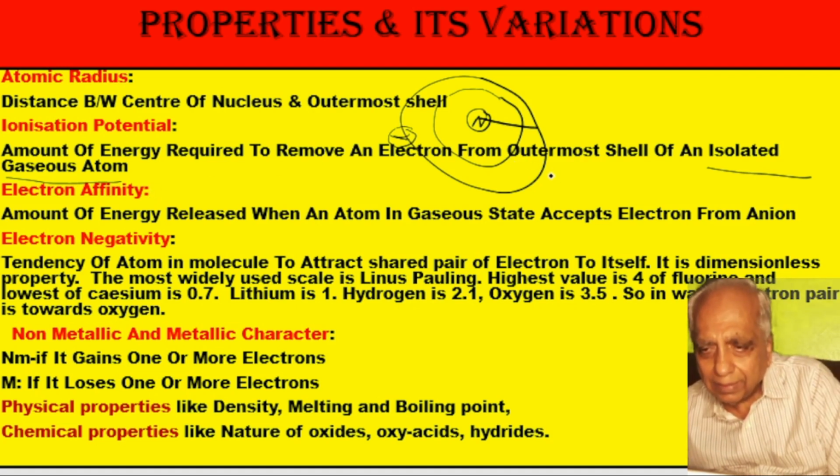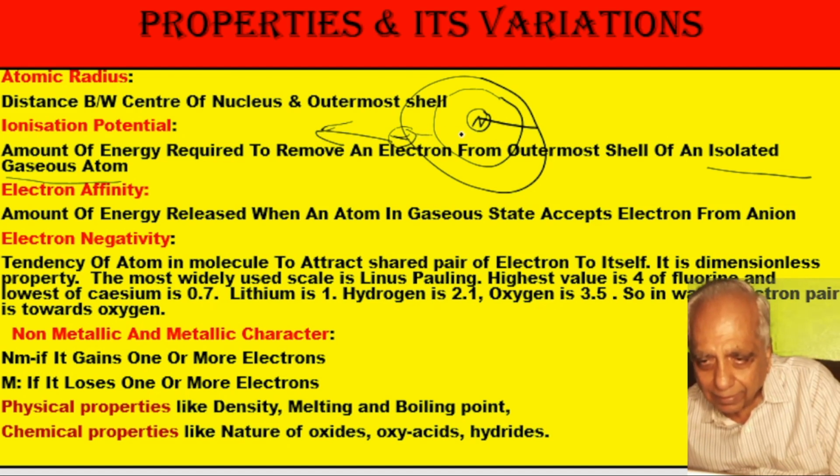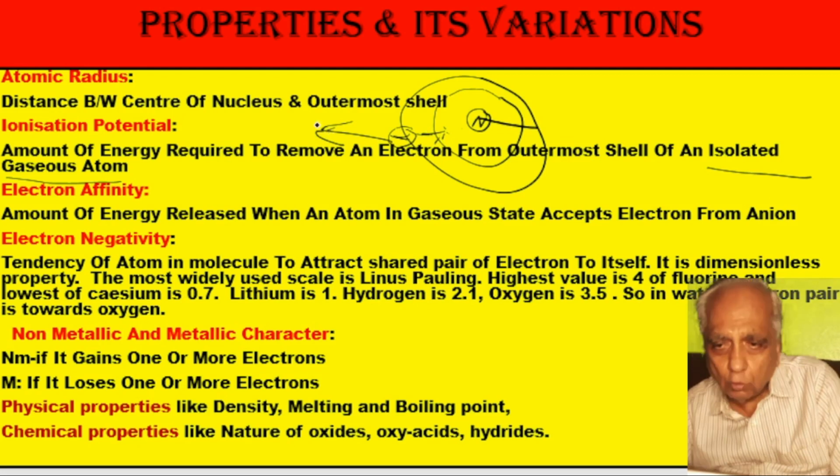Now in case I take a gaseous isolated atom and remove this electron, will this electron come out from the orbit? No. The positive charge of the nucleus will attract this electron towards itself. So the electron is getting attracted in this direction, and I will have to do work in removing the electron from here.